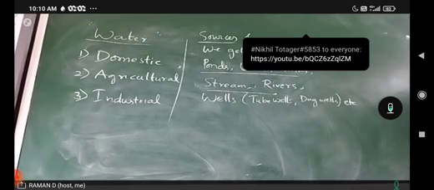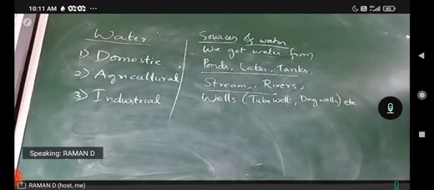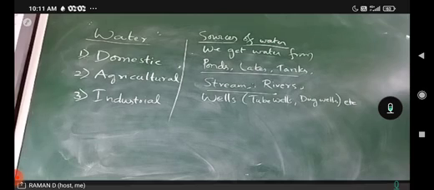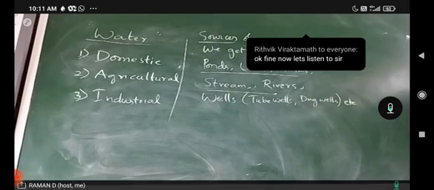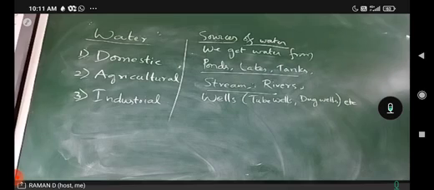Oceans and seas, both of these two, fill almost 2/3, that is about 71% of our earth. It is covered by oceans, and most of this water in the oceans and seas is filled with many salts, or many salts are dissolved in this water.